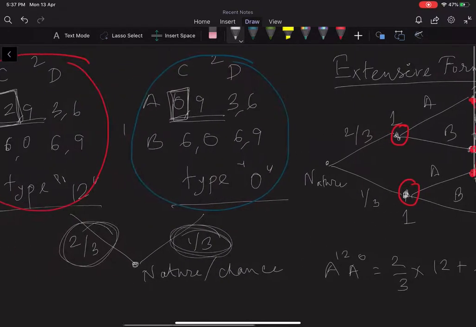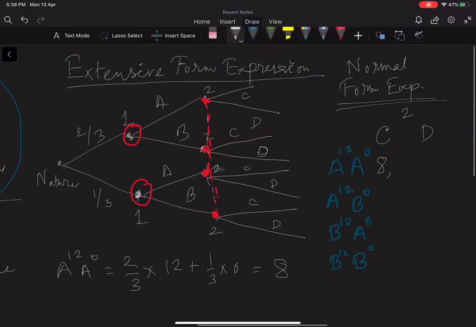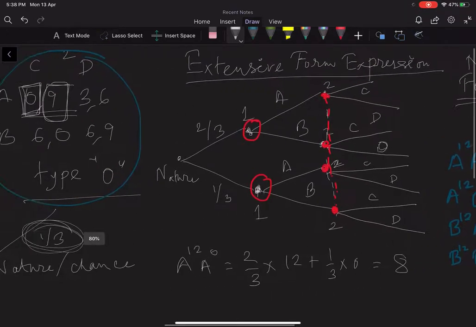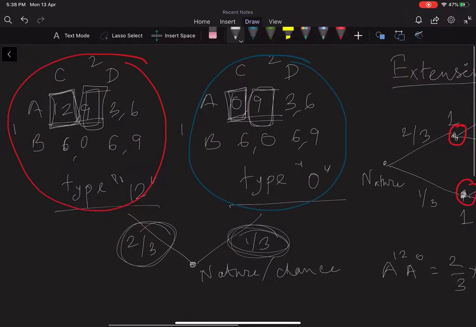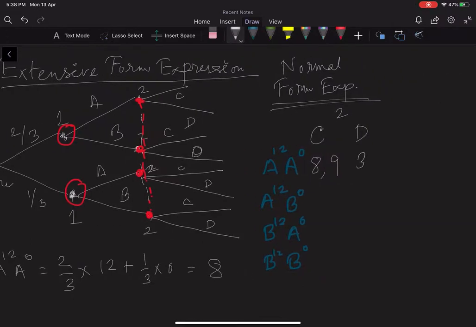What is it for player 2? Player 2 in both cases gets 9 and 9. So 2/3 of 9 plus 1/3 of 9 is 9. Similarly, what happens when player 2 chooses D and player 1 chooses A12 A0? Again player 1 gets 3 with probability 2/3 and 3 with probability 1/3. So it gets 3, and similarly player 2 gets 6.